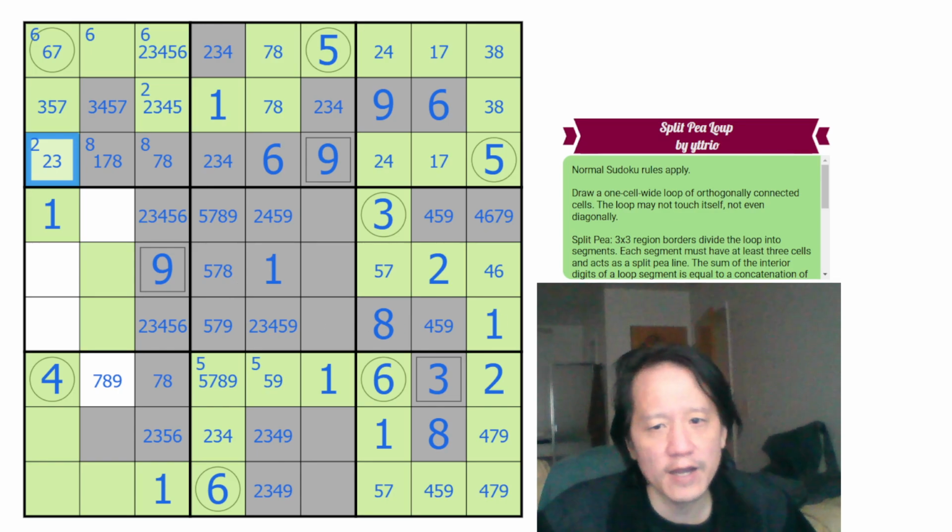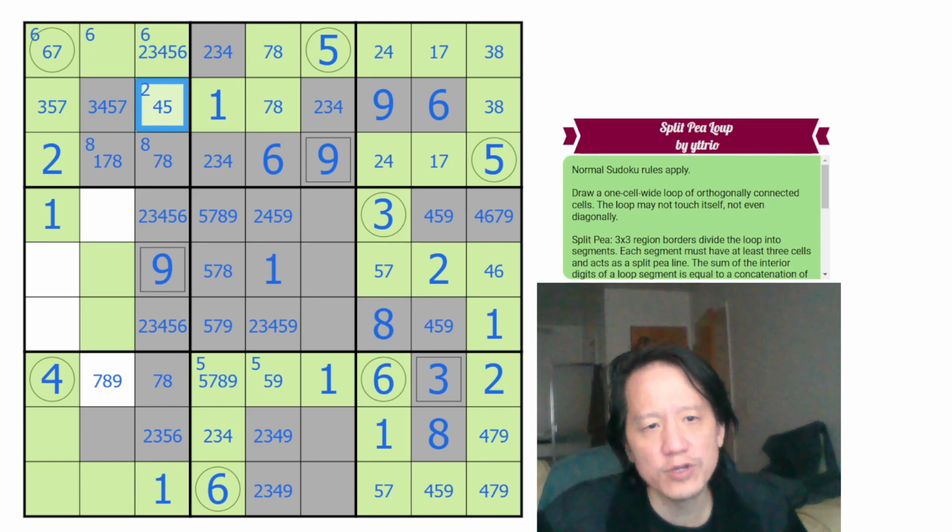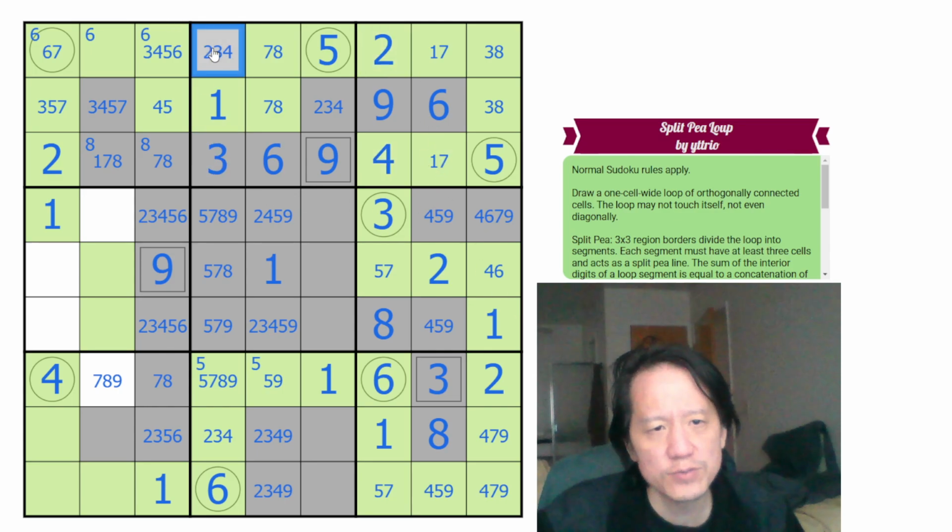So the 3 is out, so therefore this can't be 2. This cannot be 2 or 3, therefore this can't be 2. So this is not 2, again. Can it be 24? Possibly. Okay, so this can't be 2, so this is 4, which makes this 2. So therefore this is 3.